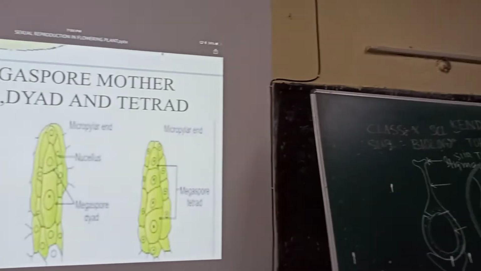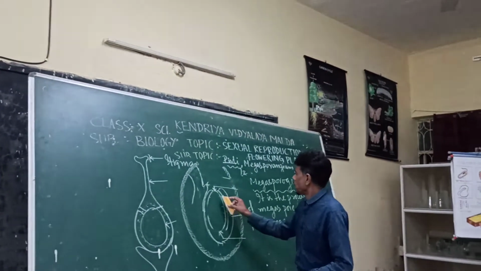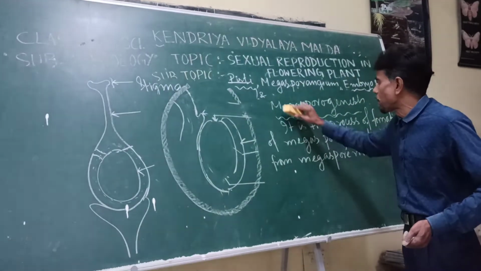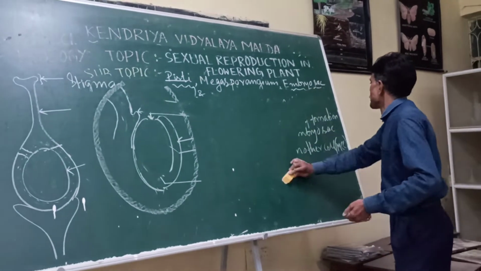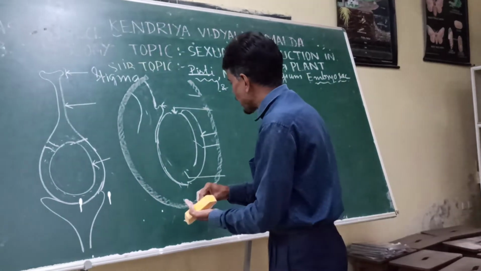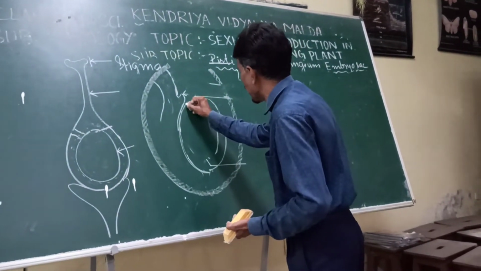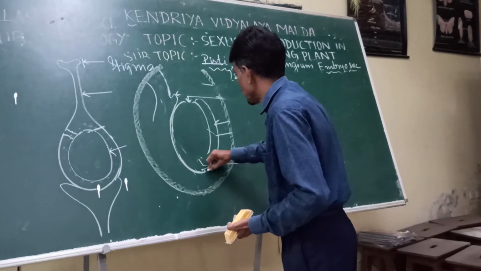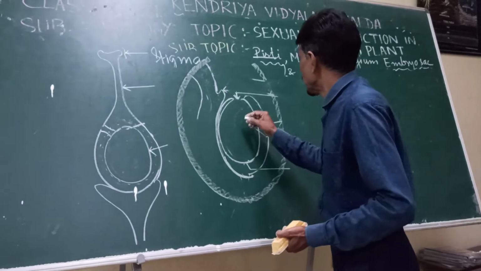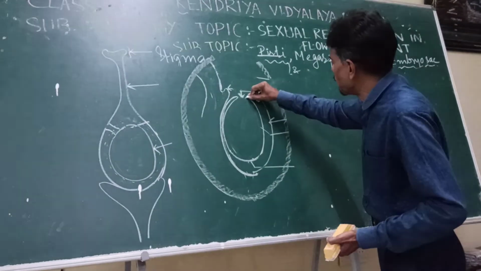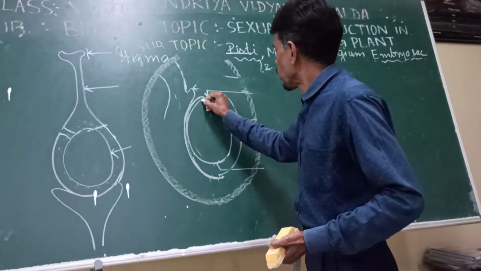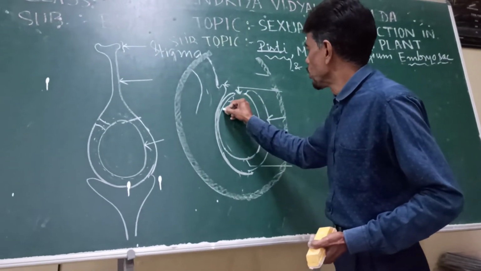At the micropylar end, means this end. Pay attention here. Let me rub this part now. At this micropylar end, this is the nucellar tissue.